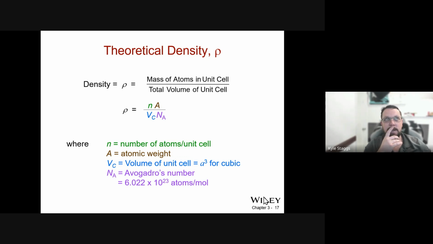Any guesses as to why this is the theoretical density and not the quote true density of the material? The key word that we're looking for there is defects.